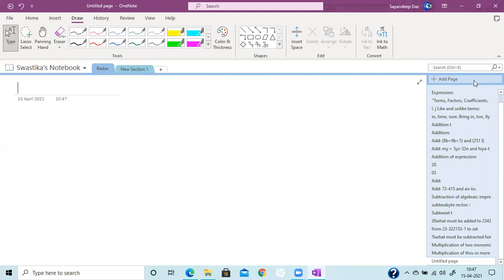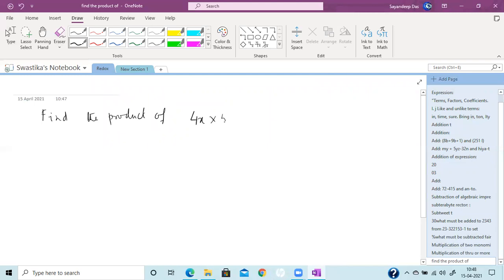Let us take one more example. Find the product of 4x into 5y into 7z. You can do it like this.